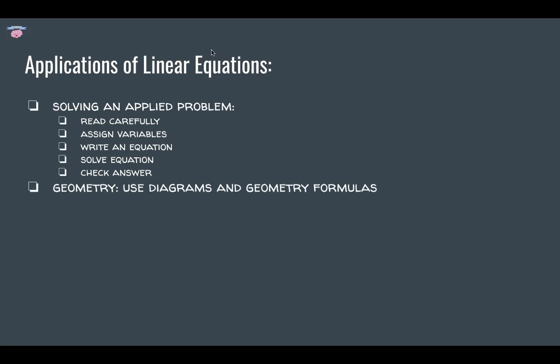A geometry problem uses diagrams and geometry formulas. So for example, let's say we're given a rectangular sheet of paper that has twice the length as the width, and the perimeter is 24 centimeters. So we know that length is equal to 2 times width. This is the mathematical way of writing it.